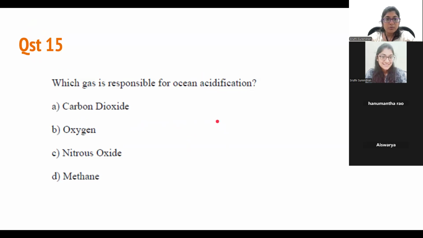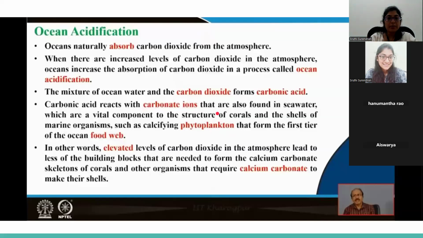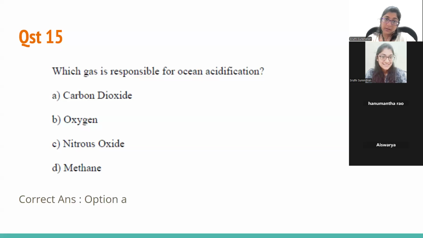Ocean acidification is nothing but the absorption of carbon dioxide by the oceans, and this is going to change the carbon dioxide into carbonic acid, which is going to acidify the waters in the oceans. This is ocean acidification, and its root major cause is the absorption of carbon dioxide. So, carbon dioxide gas is responsible for ocean acidification.